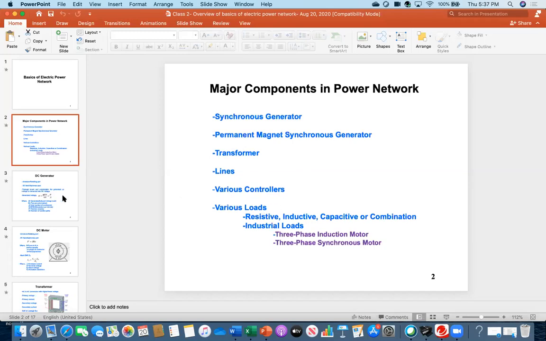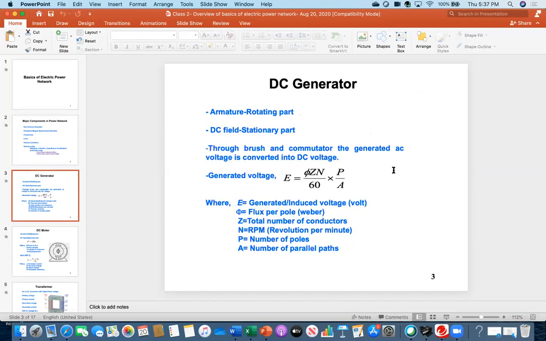Now moving forward, this is the DC generator. As I told you, although you all have studied this at least at the undergraduate level, or you might not have studied it, today it's a great chance for you to have a look. At least you will understand the working principle, how it works.